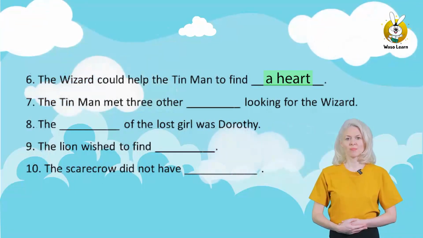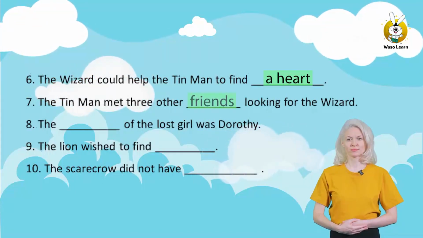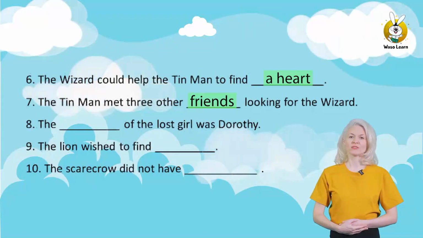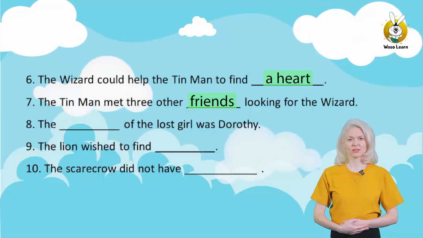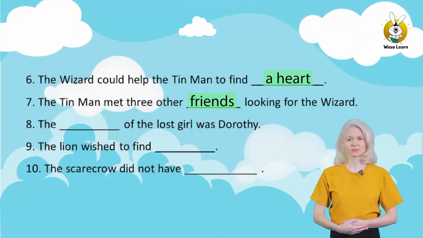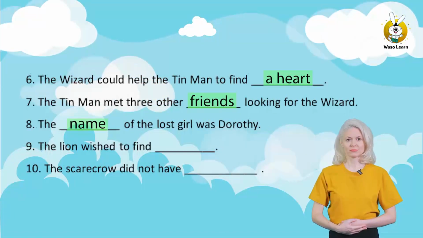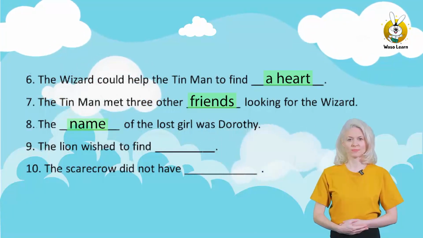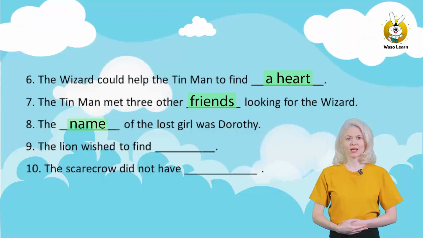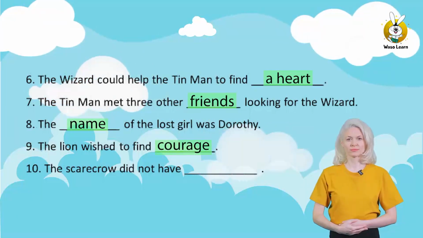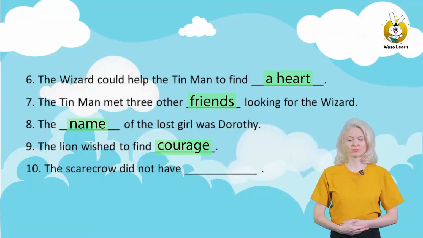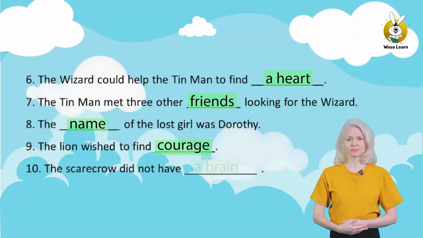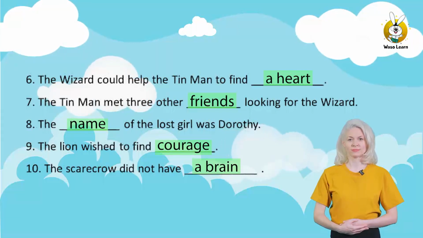The Tin Man met 3 other travellers looking for the wizard. 8. The name of the lost girl was Dorothy. 9. The lion wished to find courage. 10. The scarecrow did not have a brain.